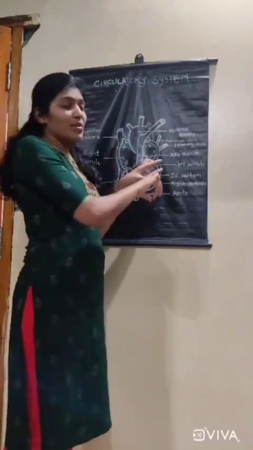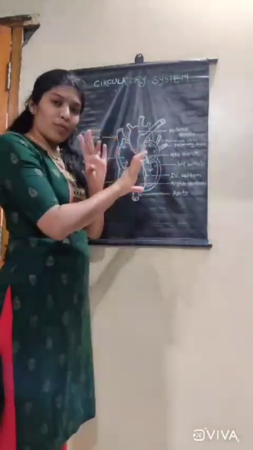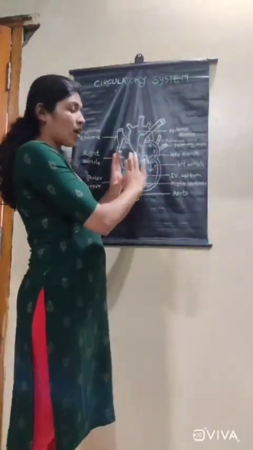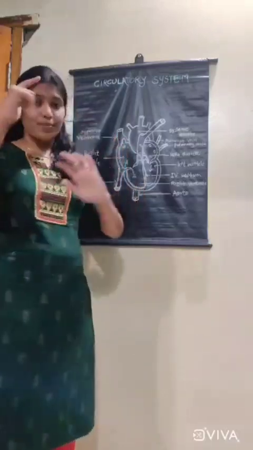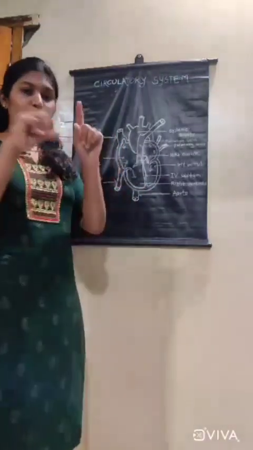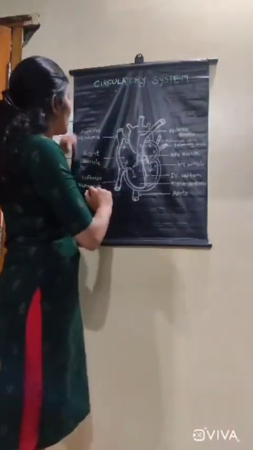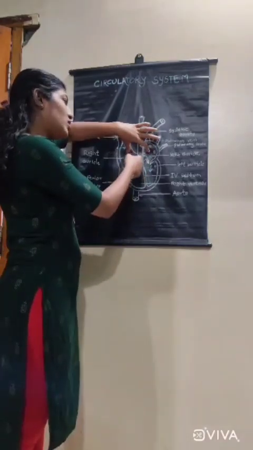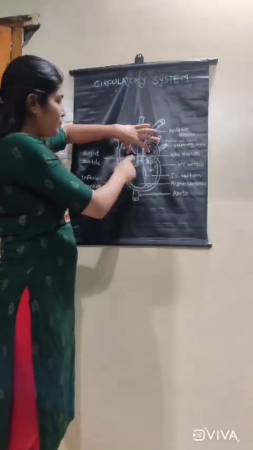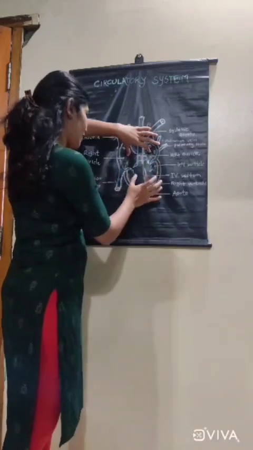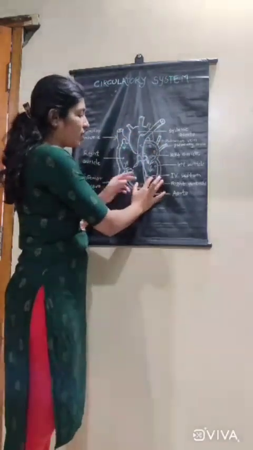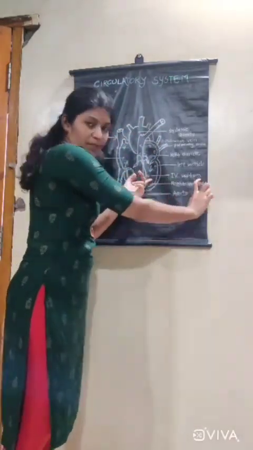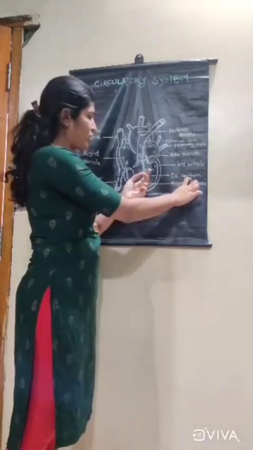These four chambers are like four compartments, and each chamber is separated by a septum, and each septum has a particular name. The right atrium and left atrium are separated by the interatrial septum. The right ventricle and left ventricle are separated by the IV septum, that is the interventricular septum.